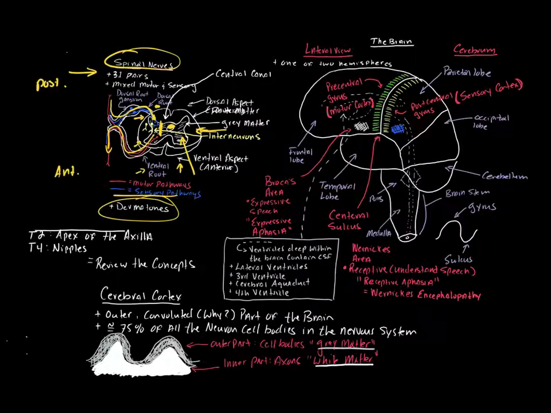Now what I want to do is take a look at the brain itself, all right? The brain in general can be divided into two general sections, the upper part and the lower part. The uppermost part is known as the cerebrum. And the cerebrum sits on top of what's known as the midbrain and the brain stem.